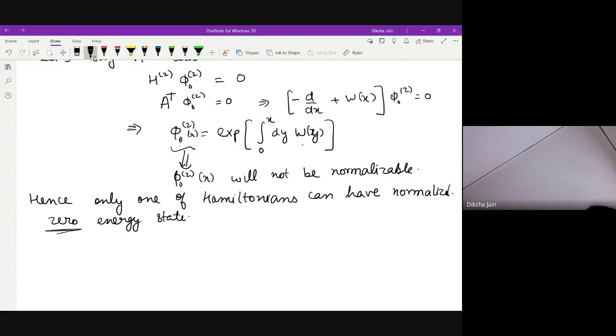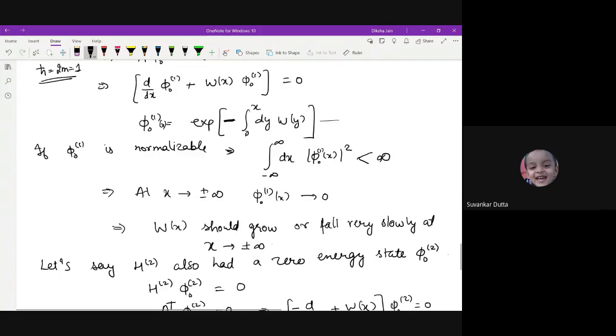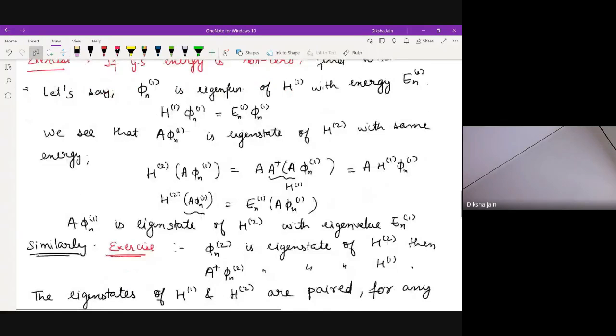Yes. But the point is, since H1 and H2 are related to each other by A and A dagger, when you do shifting, you will shift the other one as well. So you can make only one of them have a zero energy bound state. The other one will then shift to a non-zero energy. You cannot shift both of them simultaneously.